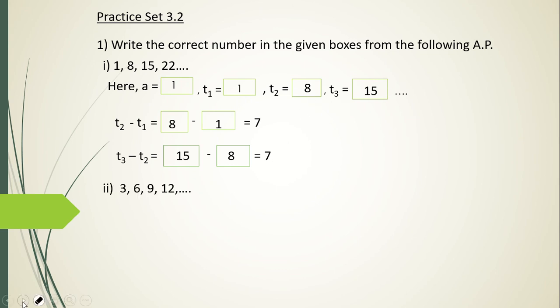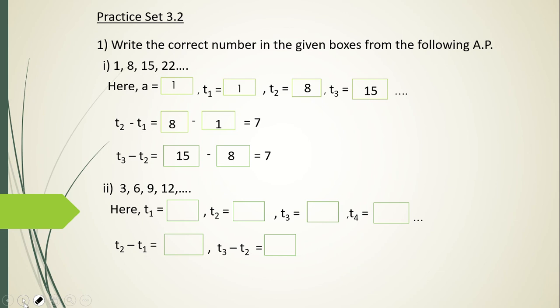Next sequence: 3, 6, 9, 12. So here T1 is 3, T2 is 6, T3 is 9 and T4 is 12. We have to find the common difference also over here. D also they have given. Just write it down, that's quite simple.